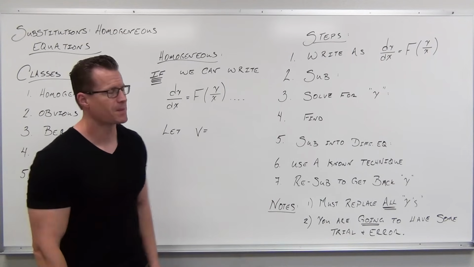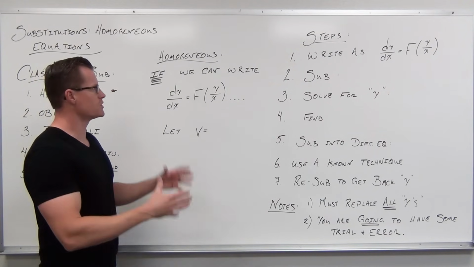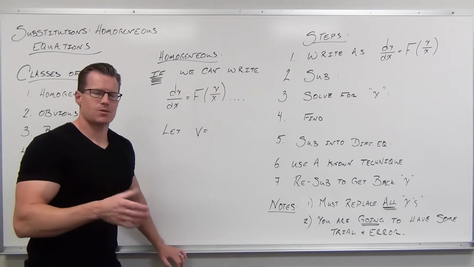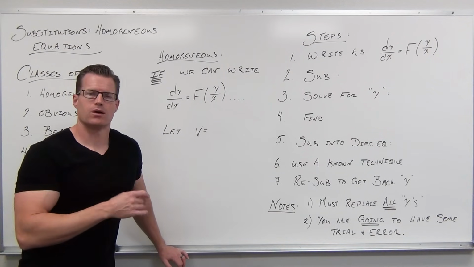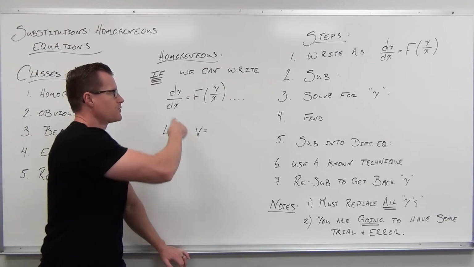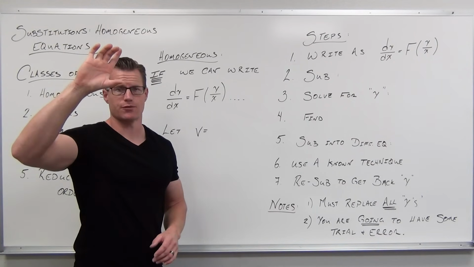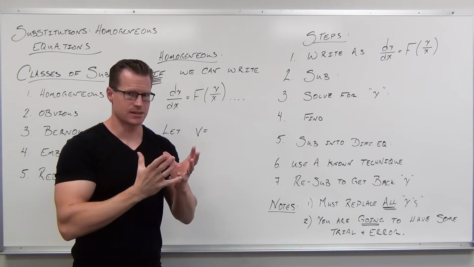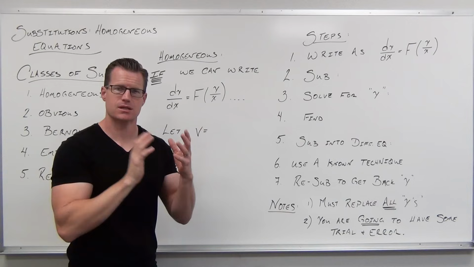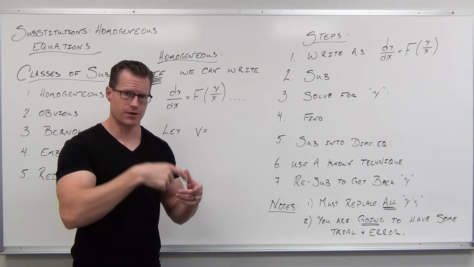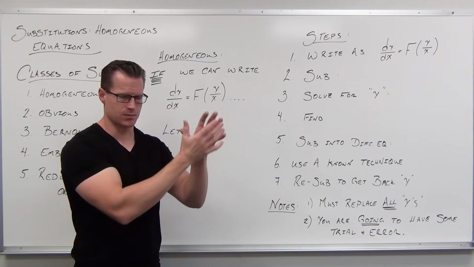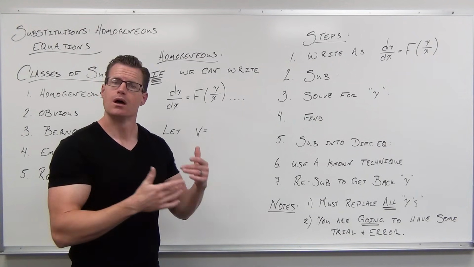So what are we looking at? What does a homogeneous equation mean? Well, it means this. If we can write our differential equation as a function where we have these fractions, y over x, so every instance where we have a y and an x, we can make it into y divided by x, and that can appear in a lot of different places.